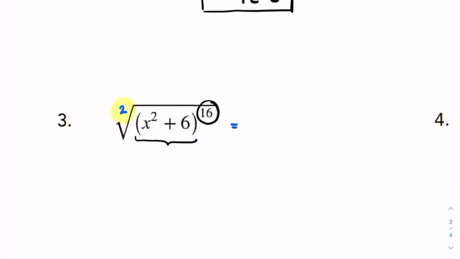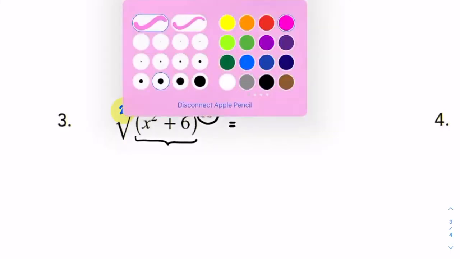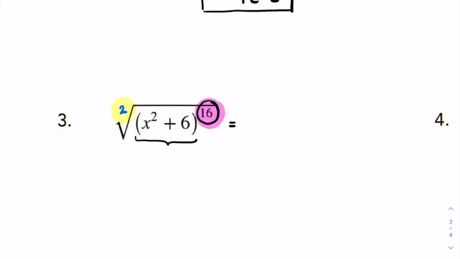So we can actually break this down into 8 groups of 2. We have a total of 16 right here. If I write that all out, it's going to be quite long.